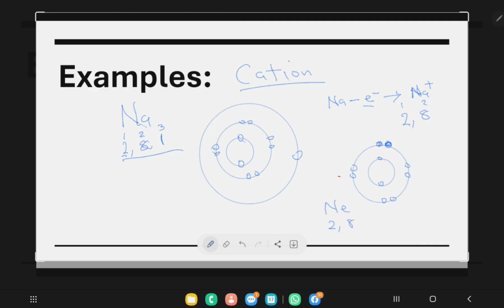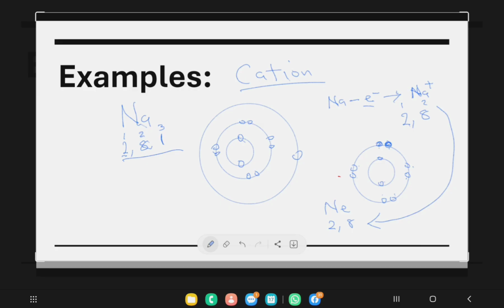So let's count the number of electrons here: 1, 2, 3, 4, 5, 6, 7, 8, 9, 10. So you see that sodium ion has assumed the neon structure, because it has lost 1 electron. This is what happens in cation formation.